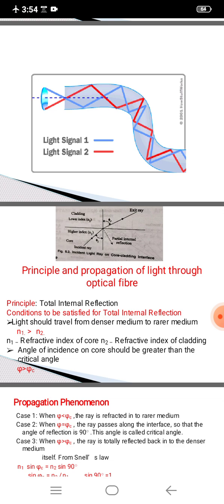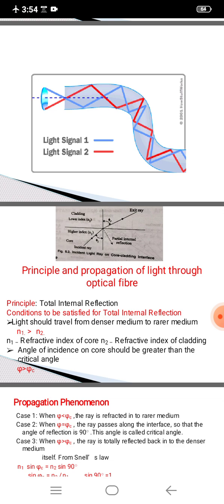Next, let us discuss the principle of fiber optic communication and also the conditions for total internal reflection. I have already said the principle of fiber optic communication is total internal reflection. For this total internal reflection, some conditions must be satisfied. The first condition is N1 should be greater than N2.